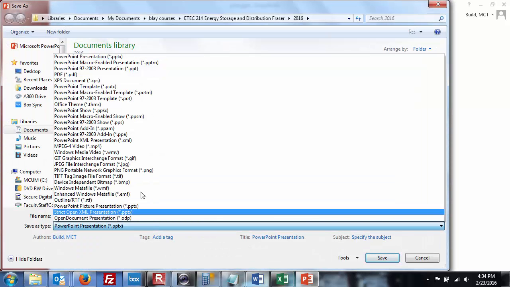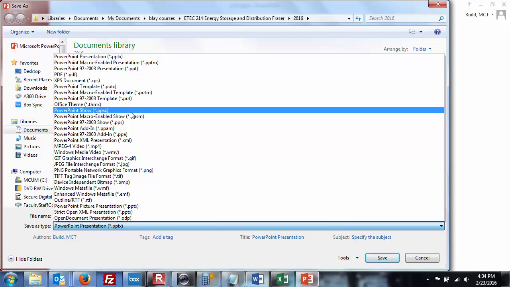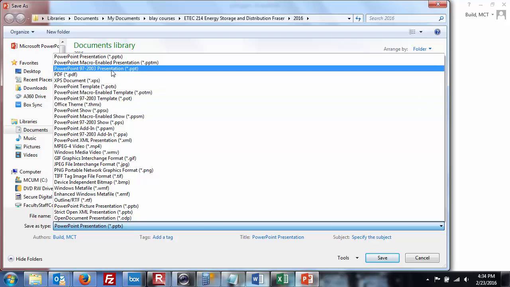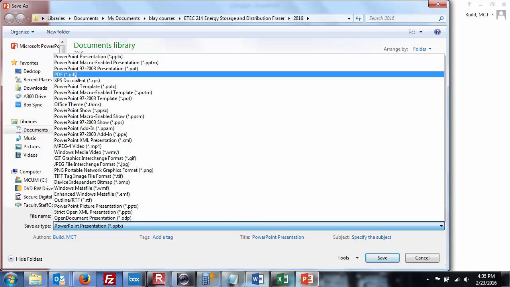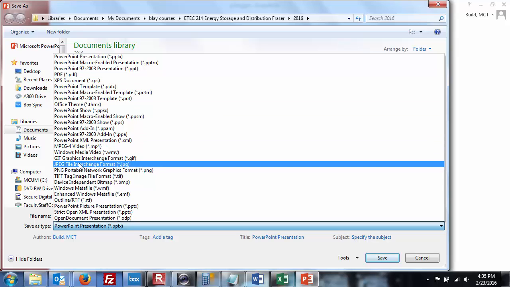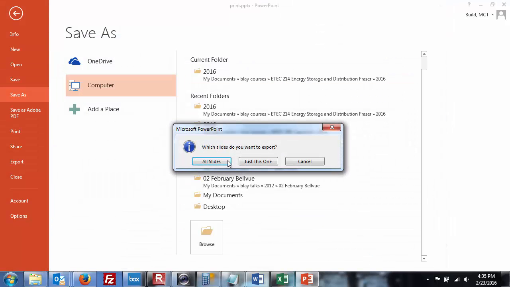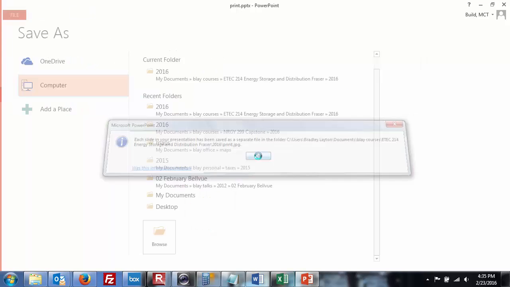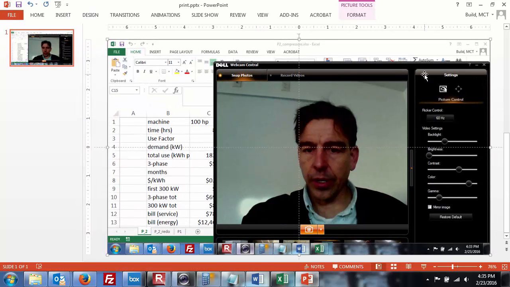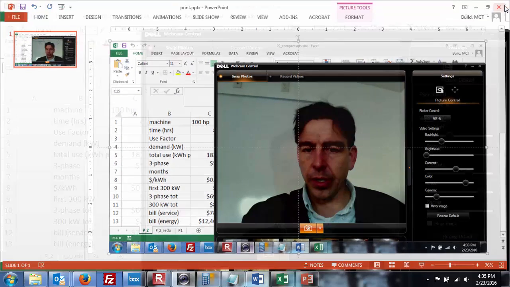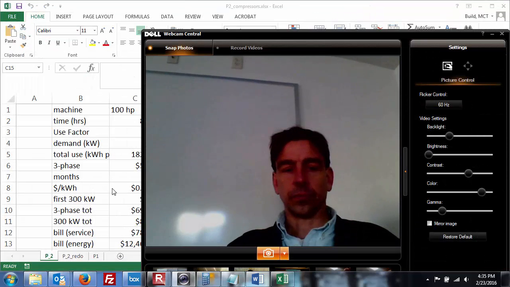You could just save it as a JPEG. I also have PDF as an option on my PowerPoint, but I'll just save it as a JPEG. And that's okay too. Everybody can read a JPEG.